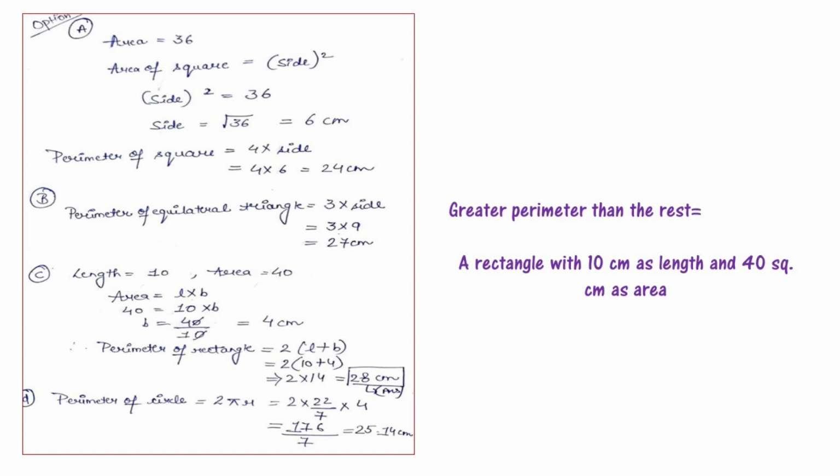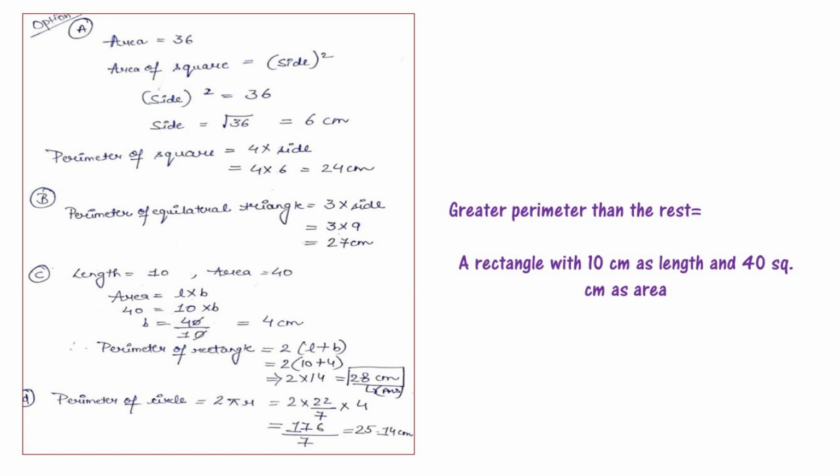Now comes option B, that is an equilateral triangle with a side of 9 centimeter, which says a perimeter of equilateral triangle is 3 into side, that is 3 into 9, that comes 27 centimeter. Now comes option C, a rectangle with 10 centimeter as length and 40 square centimeter as an area. Now length is given, that is 10. Area is given, that is 40.